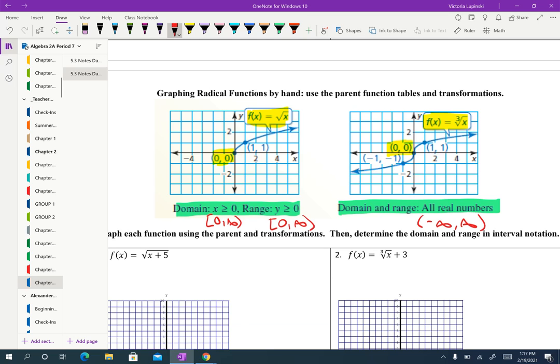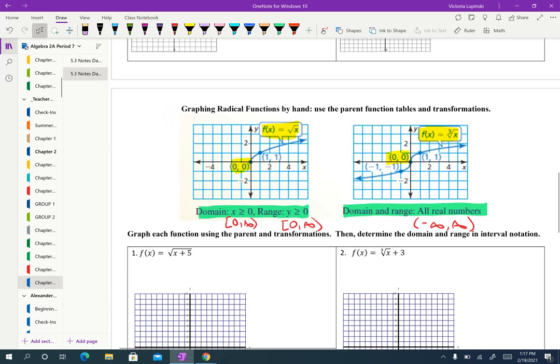I also want to remind you about those parent function tables. Everything I'm writing here, you should write, because when we come back to the back side, we're going to need this information. The table that we're going to use as the guideline for our square root functions is (0, 0), (1, 1), (4, 2), and (9, 3). That is how we get all the points on the right-hand side of the scoop, even if you only see a couple there.